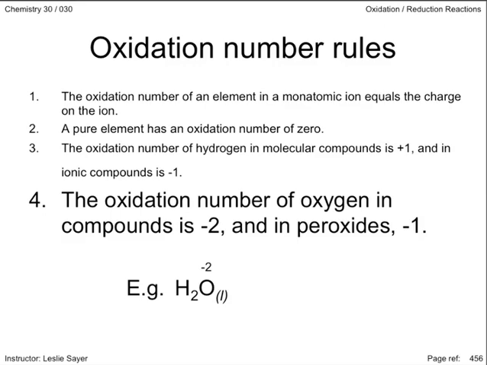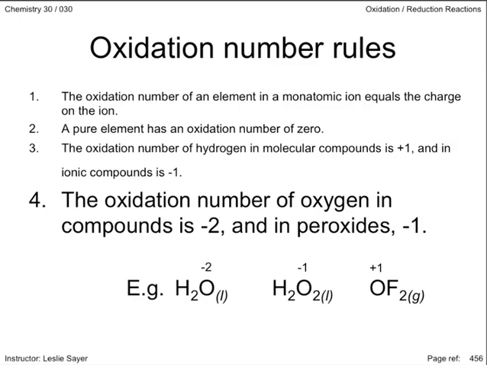In the case of water, for example, oxygen is assumed to take both of hydrogen's electrons like an ionic compound. In the case of peroxides, there are only 2 electrons being offered, the 2 given up by hydrogen in this case, and so each oxygen atom gains 1 electron, thus an oxidation number of -1.